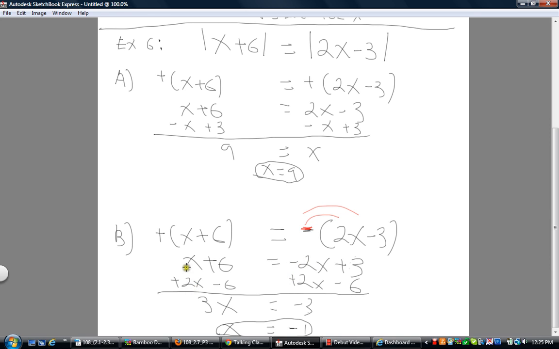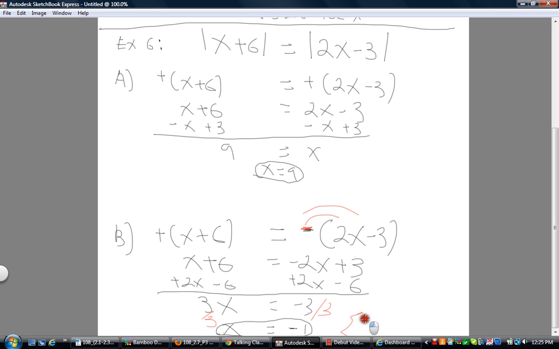Now I know x is going to be on the right-hand side, so the plus 6 needs to be taken over to the other side, maintaining balance, minus 6 on both sides. Now add your columns. 3 minus 6 is negative 3, here's a 0, here's a 0, and there's your 3x. You get 3x equals negative 3, divide both sides by 3, x equals negative 1.